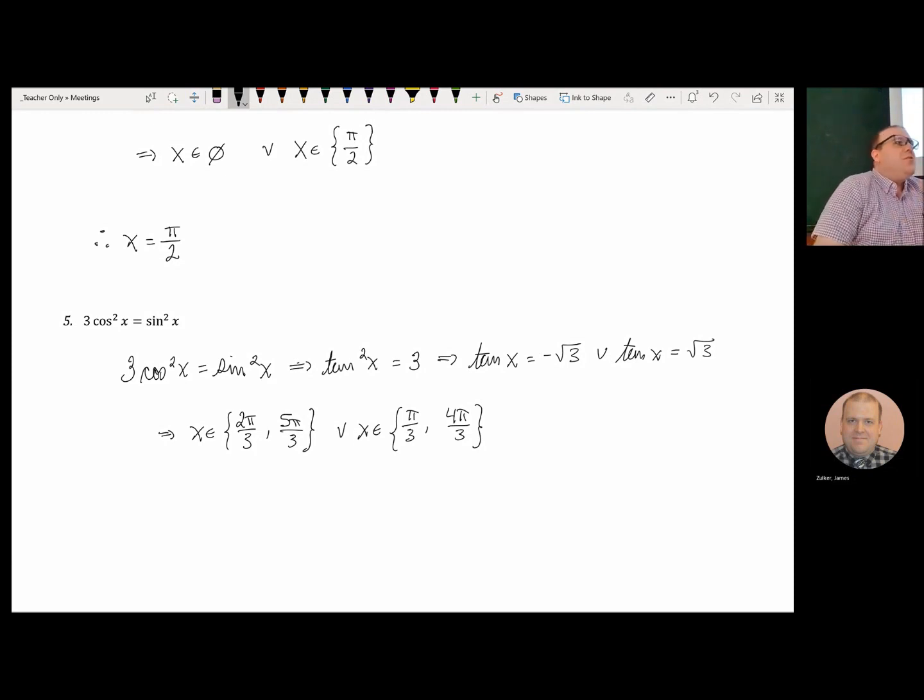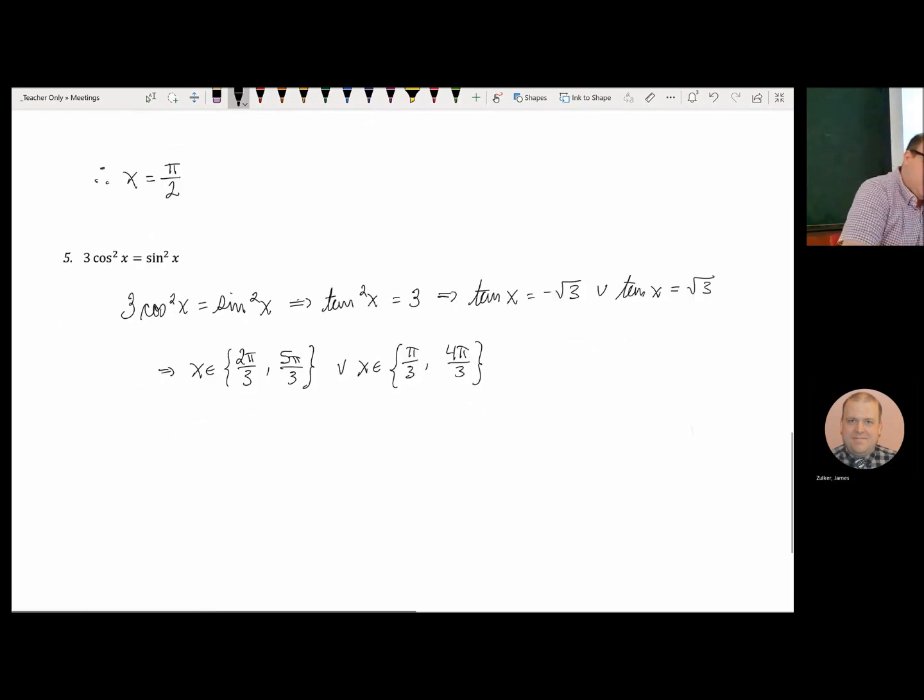I don't even think in terms of circle at all. I just think of quadrants. Solution set: pi over 3, 2 pi over 3, 4 pi over 3, 5 pi over 3.